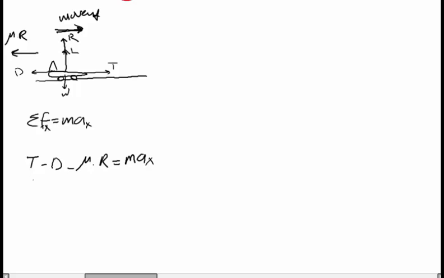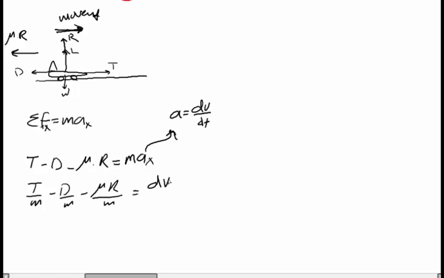Now we divide by m: T over m minus D over m minus mu R over m equals a, and we know the acceleration equals dV by dt, the first derivative of velocity with respect to time.